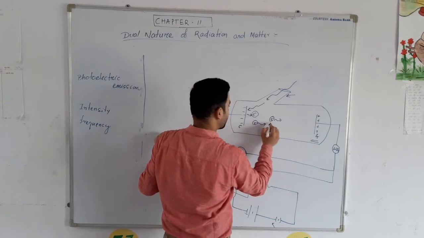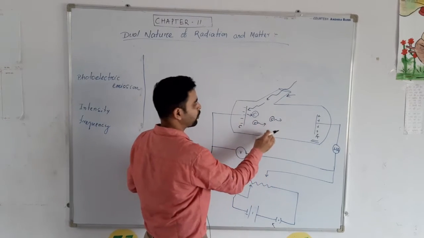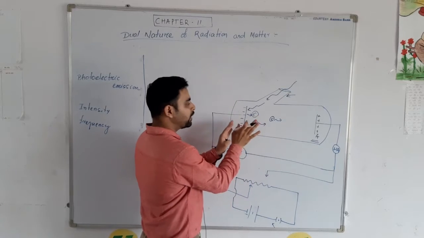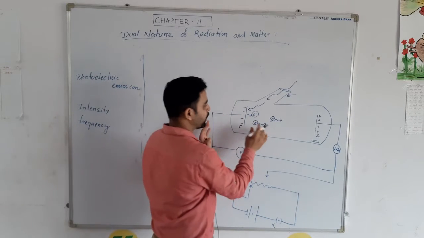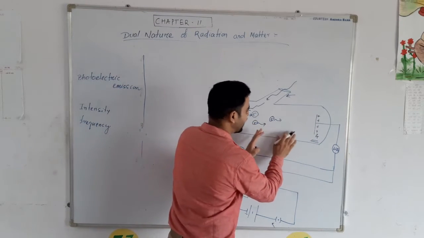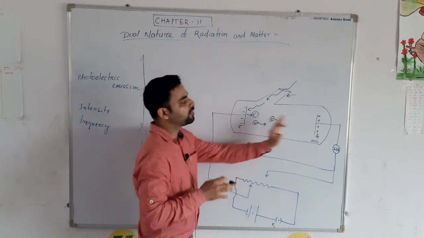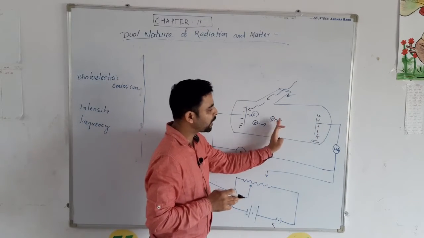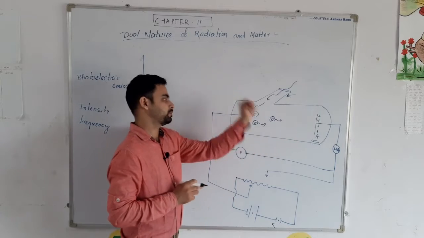Due to this repulsive force, though all the electrons have certain kinetic energy, they are not all capable of reaching plate A.